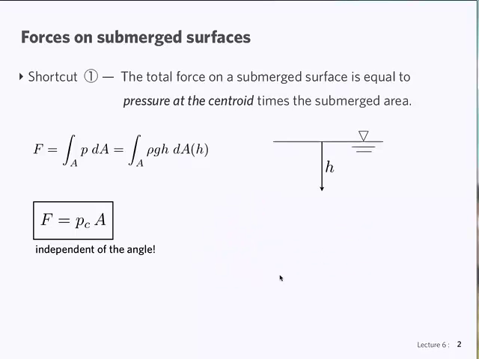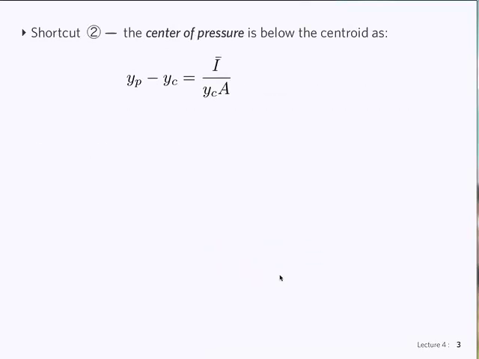And let's move to another shortcut, shortcut number 2. Remember I said we can calculate the magnitude of the resultant force by using the depth of the centroid. But the line of action of the force is not on the centroid. The reason is that the pressure increases as you go deeper and deeper.